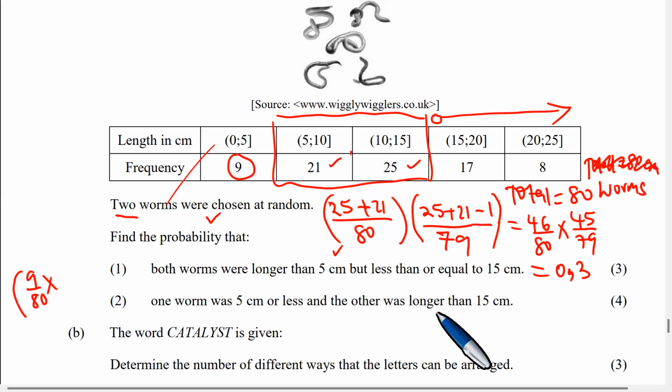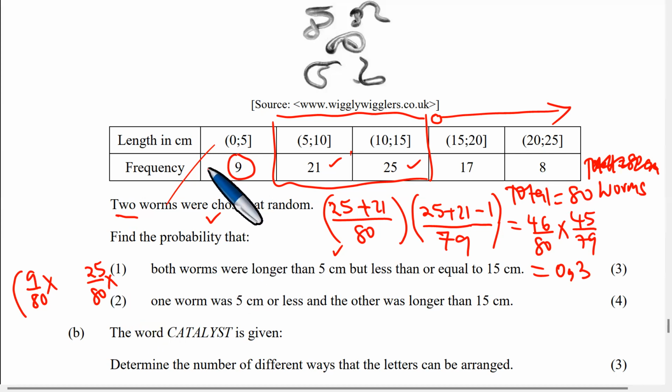What is longer than 15? Longer than 15 is going to be from here to there, which is 17 plus 8, which is 25. So, which means that you're going to have 25 out of 80. So, which means that here you have 9.